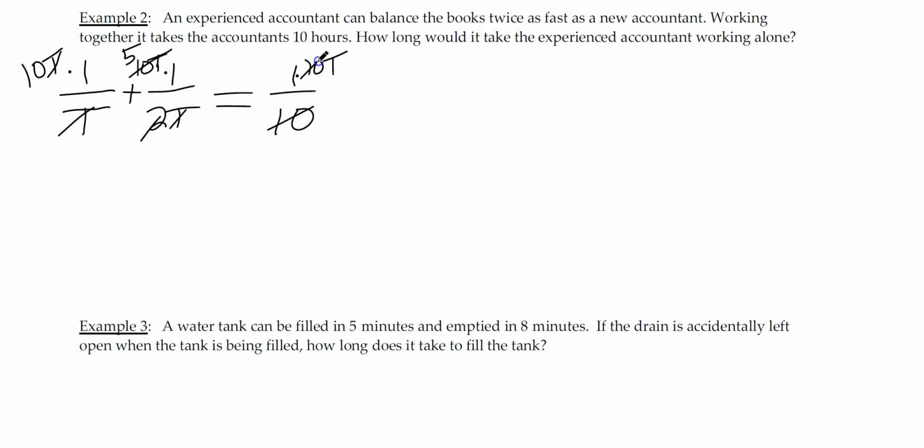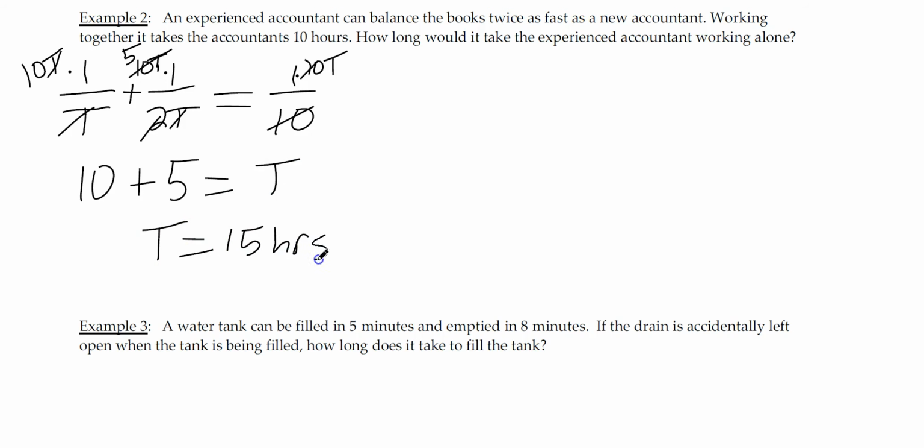And here the 10 reduces, leaving t. So we now have 10 plus 5 equals t. That'd be t equals 15 hours. Now the other value we have of t and 2t would be 30 hours.